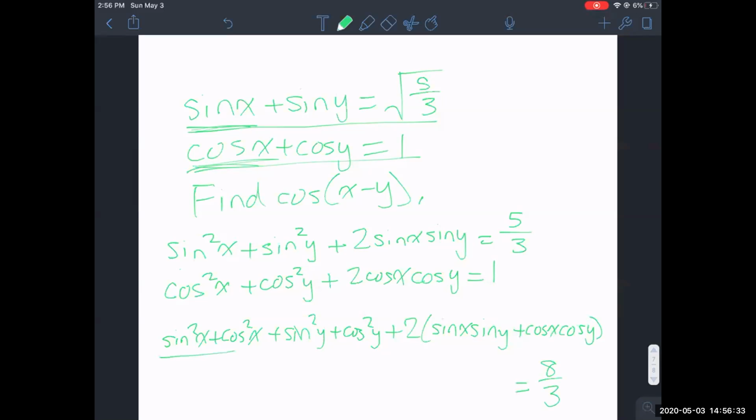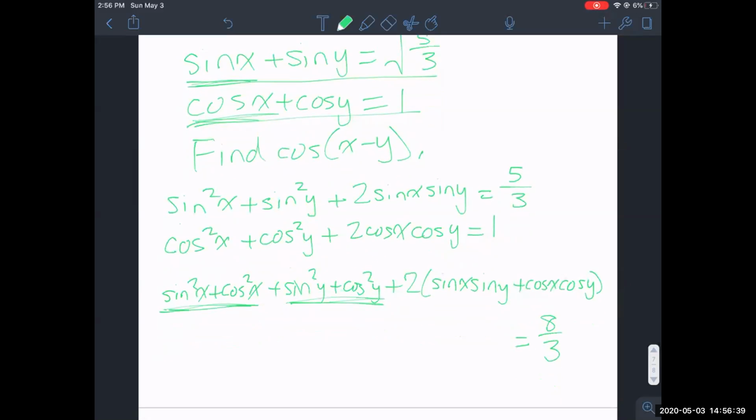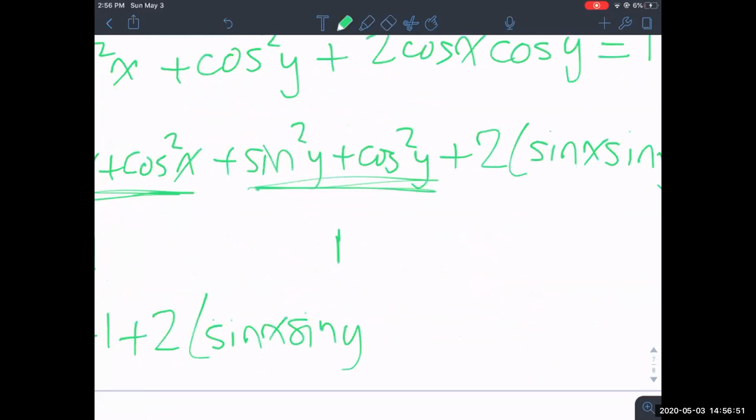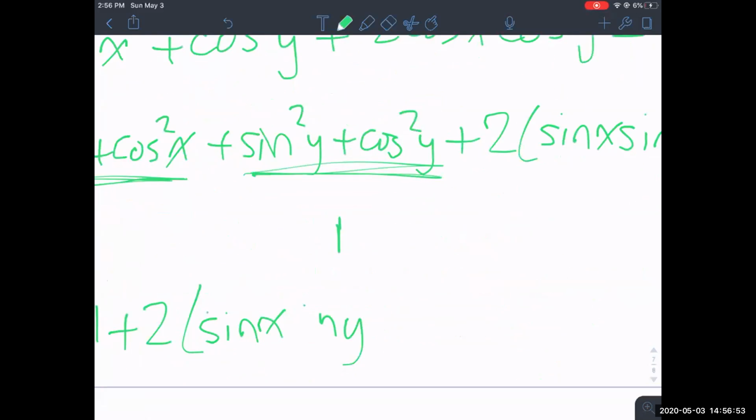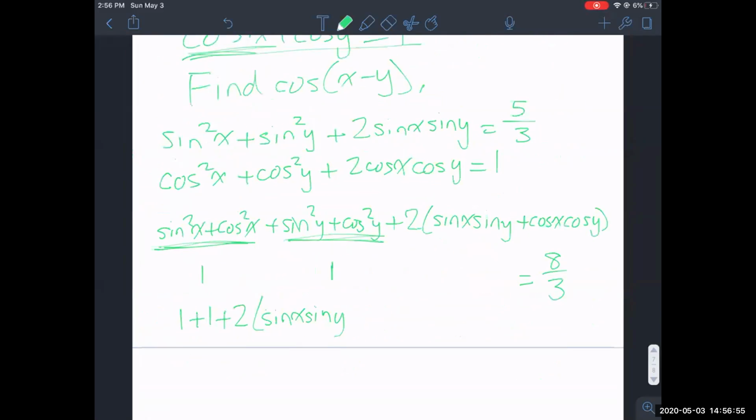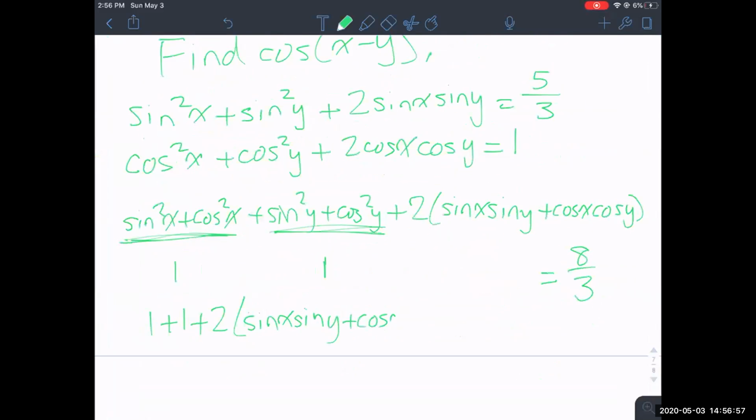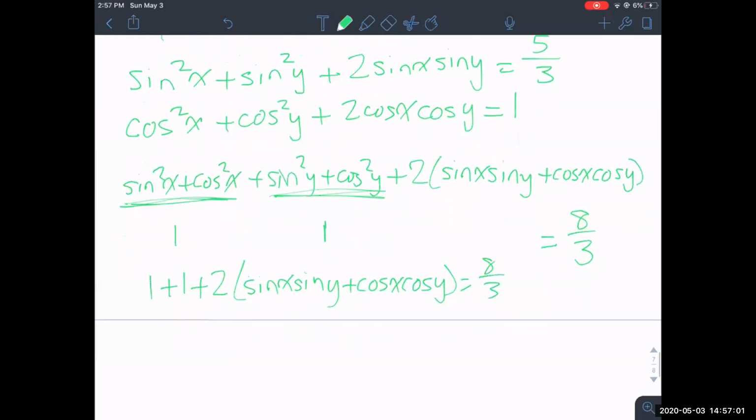And the stuff on the left side can actually be turned into a much easier form. That just turns into 1, and that just turns into 1. So we have 1 plus 1 plus 2 times sine x sine y plus cosine x cosine y is equal to 8/3.